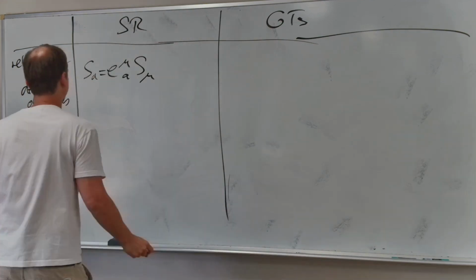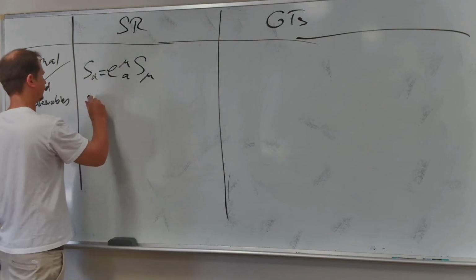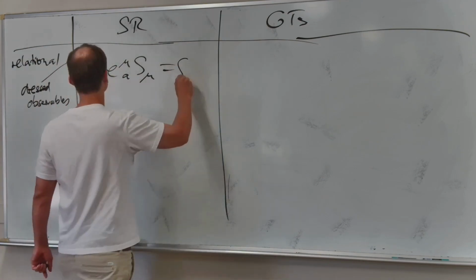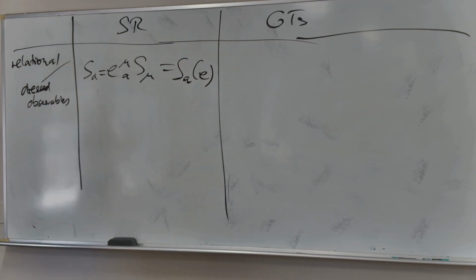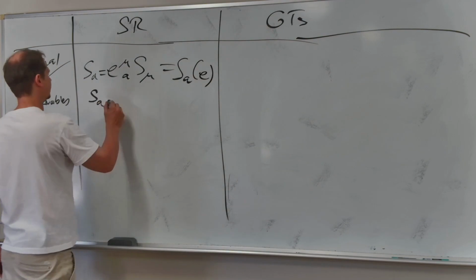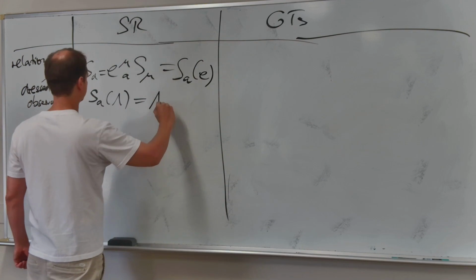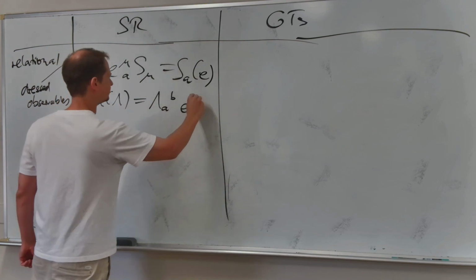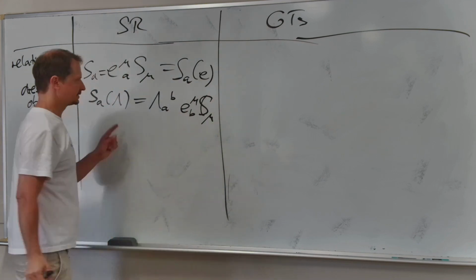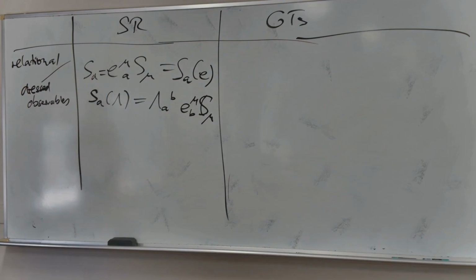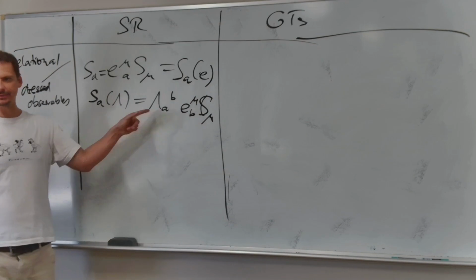Of course, here I could also put some other group elements, so this here you should think of as SA at the identity, when the frame is the identity configuration, but I could also, for instance, write something like SA of lambda. So this would be generalizing this: you have a frame orientation dependence also in the relational observable.